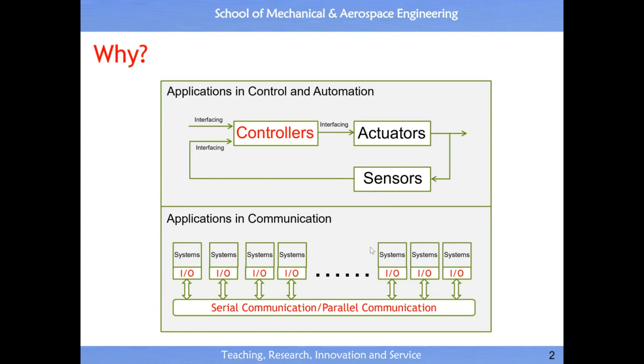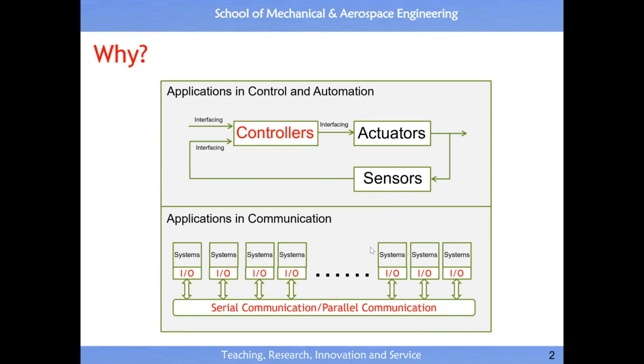Motivation number 2 is if in future you are going to design a smart communication device, then you must make use of a microcontroller to serve as a node inside the communication network.